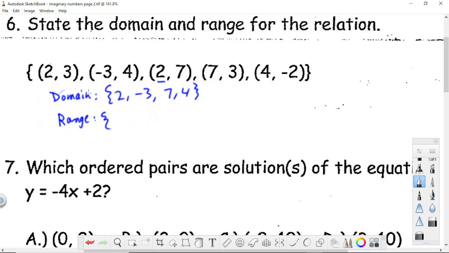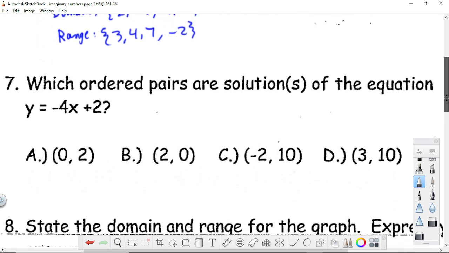It's fine with me. So for the y's, the range is just 3, 4, 7, all different so far, right? Oh, another 3, so we don't put the 3 twice. Negative 2. I think that's it. Okay. Let's look at the next one.